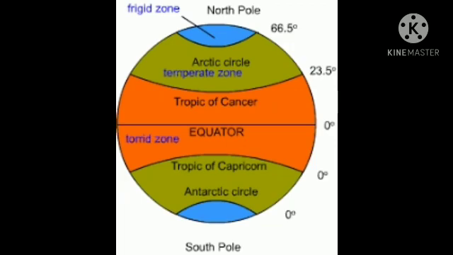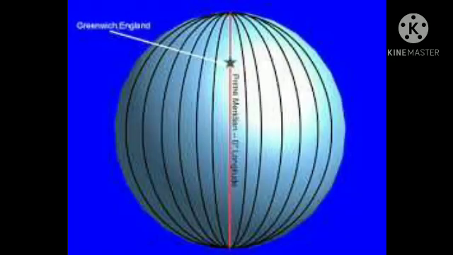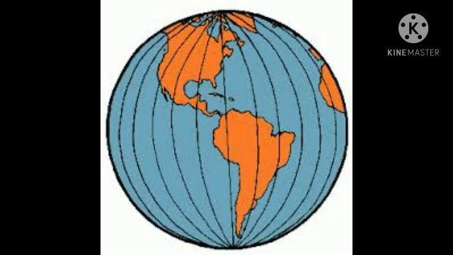On the globe, we can notice that there are many vertical lines also. As we have learned, the horizontal lines are known as latitudes, and the line which passes through the middle of the globe or the Earth is known as the equator.